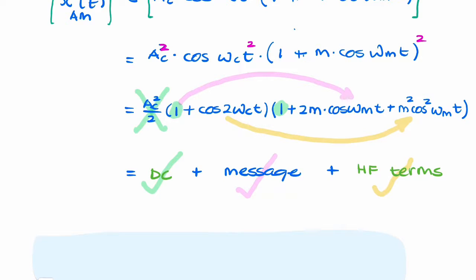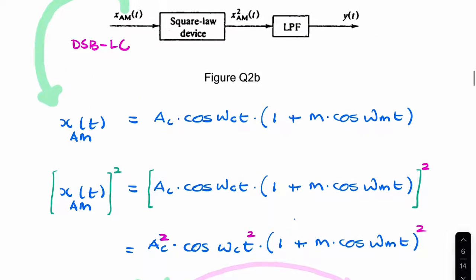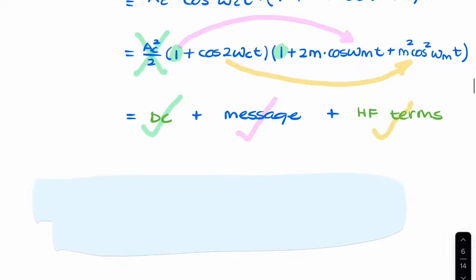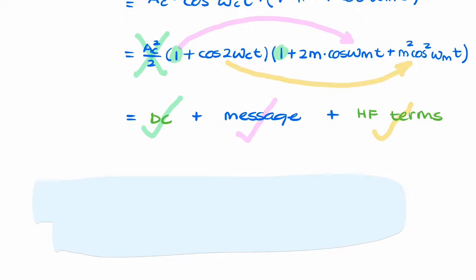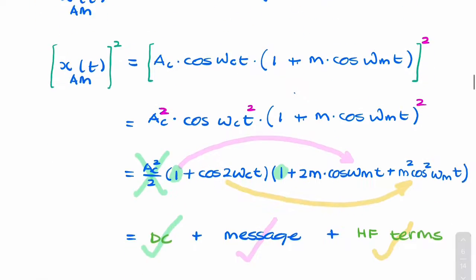Those are the three things that come out of your square law device. Now, your low pass filter will remove the high frequency terms. The DC term can be removed by a capacitor, so your final y of t will just be your message.